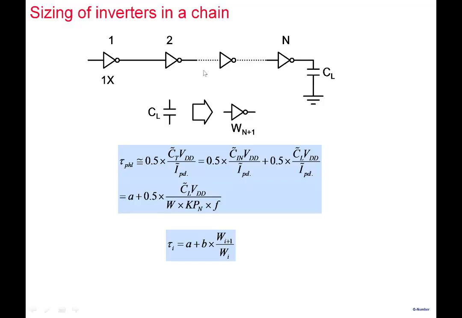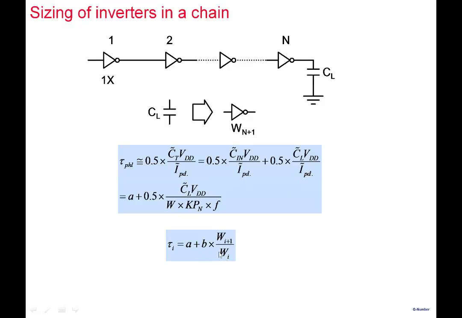So what I can say is, in general, if I look at any inverter, its delay can be written as an intrinsic delay A plus some constant B, and we can determine this B also, multiplied by W(i+1) by Wi. W(i+1) is the load capacitance of that particular inverter, is the (i+1)th inverter, and therefore is proportional to its width here. And the current refers to the current proportional to the width of that particular inverter. So this is tau i.